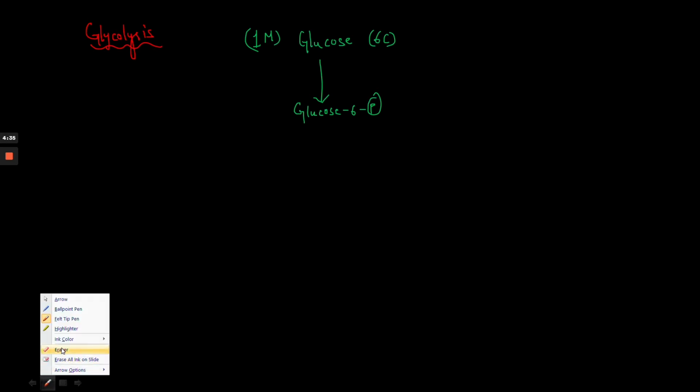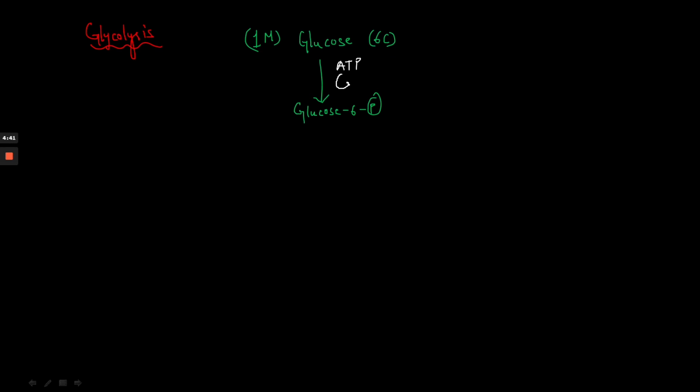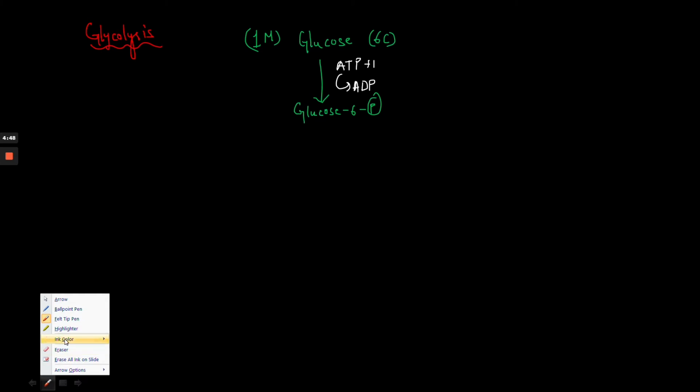Where does this phosphate group come from? It must be coming from the breakdown of ATP into ADP, and whatever phosphate is being released here has gotten joined onto this glucose.